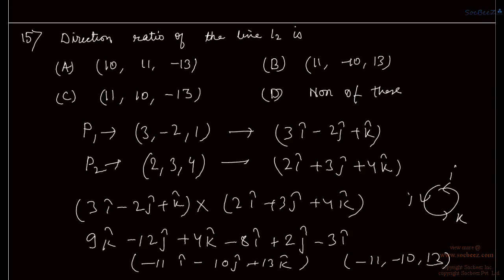Or if we take minus as a common factor, then we will be getting 11, 10 and minus 13, because direction ratio is the ratio simply. So 11, 10 and minus 13 is the direction ratio. From the options, option C is getting matched. So 11, 10, minus 13, that means option C is correct. Okay.